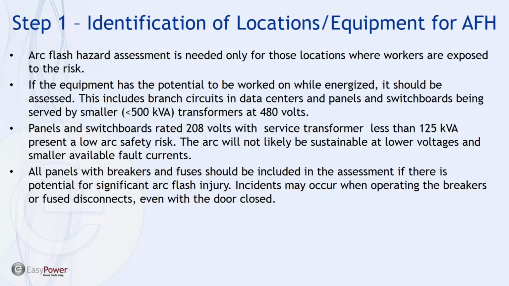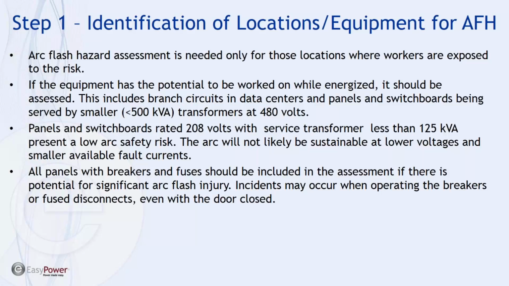So if the equipment has the potential to be worked on while energized, it should be assessed. This includes branch circuits in data centers and panels, switchgears, and anything served by, in many cases, transformers that are served at 480 volts, even below 500 kVA.